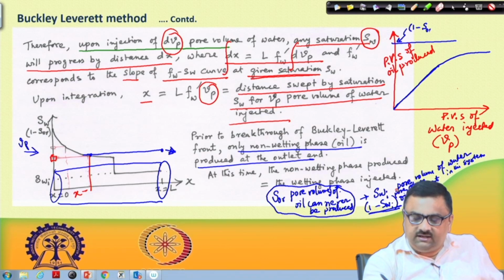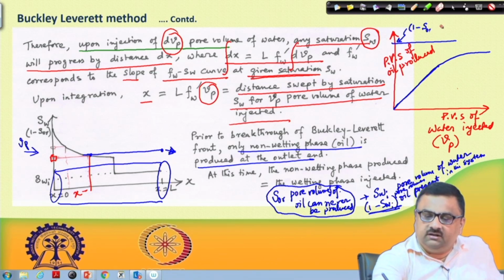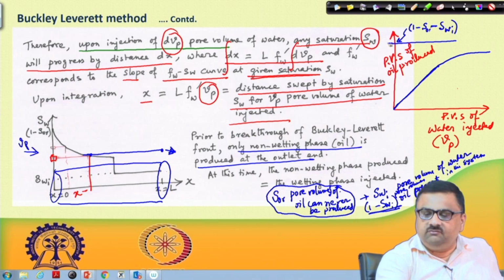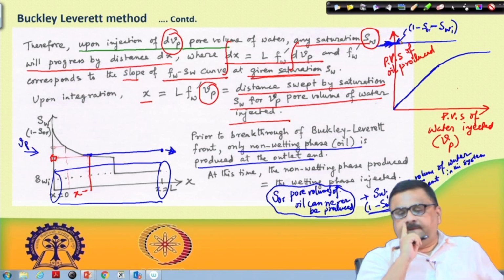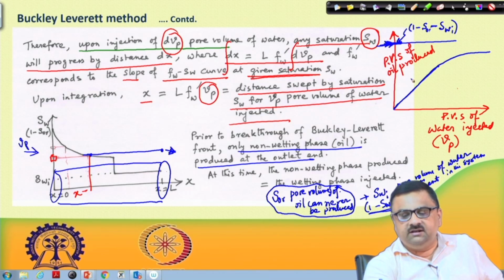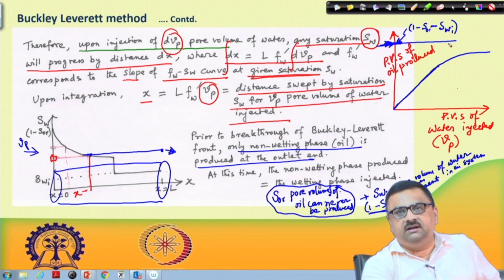We had 1 minus SWI pore volume of oil present, and out of this oil again SOR we have to leave. So we have a limit here, and that much SOR amount of oil we have to leave. To start with we have 1 minus SWI of oil present, so this difference is the pore volume of oil we can produce theoretically.